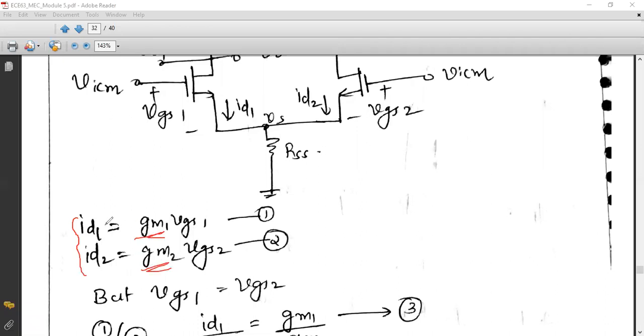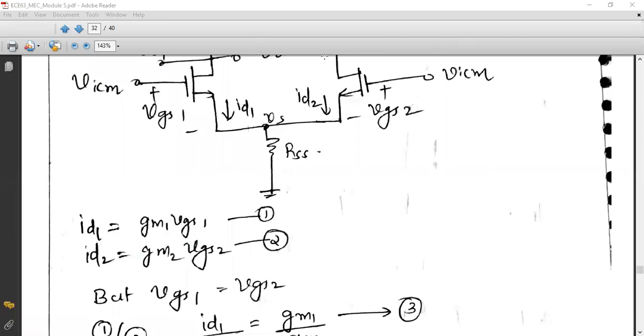First, let us write the equation for ID1. You know that the drain current of a MOSFET can be written as the product of the transconductance and the gate source voltage. So let us write ID1 as gm1 VGS1 and ID2 as gm2 VGS2. Put them as equation numbers 1 and 2. Clear, students?